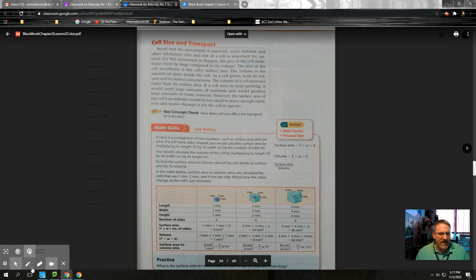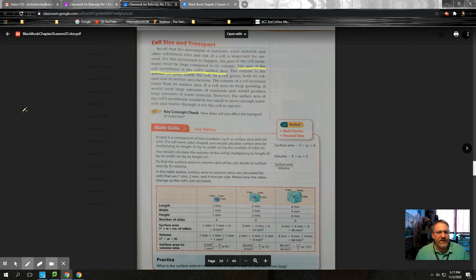On your review sheet, number 25 is surface area. The definition for surface area is: the area of the cell membrane is the cell's surface area.